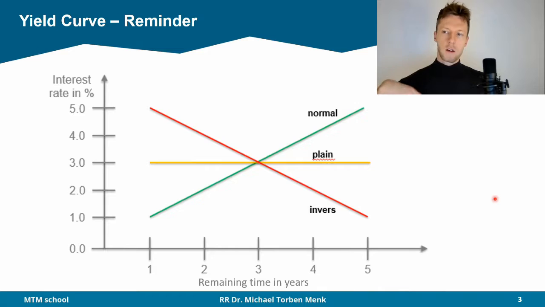It's a usual, common way of thinking that the longer money is gone, the higher the interest rate has to be in order to make a fair contract. So the normal yield curve would be the intuitive case for contracts.